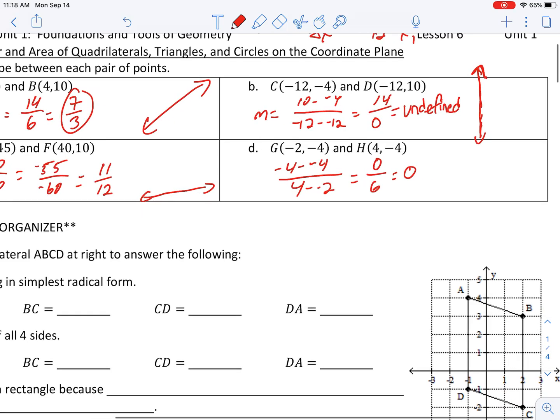We get 0. If we plot these 2 points, negative 2, negative 4 and 4, negative 4, I end up with a horizontal line. So a slope of 0 gives a horizontal line, okay?